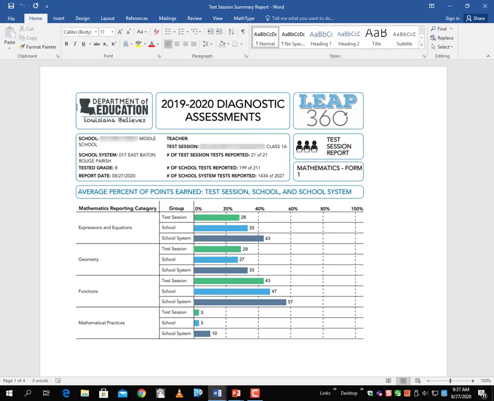Let me go ahead and say it now. So you see where it says the number of test sessions reported, so 21 over 21. So what that means is that there were 21 students in this test session, and all 21 completed all sessions, and the teacher scored the written response in educator scoring.